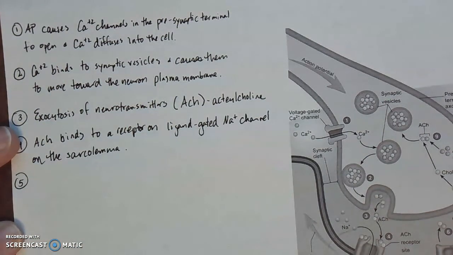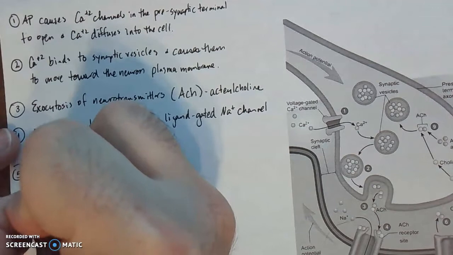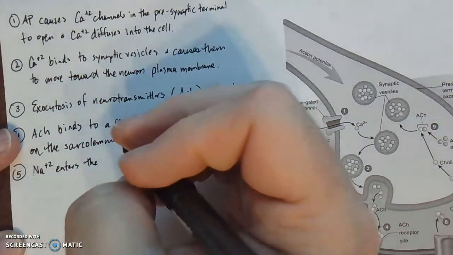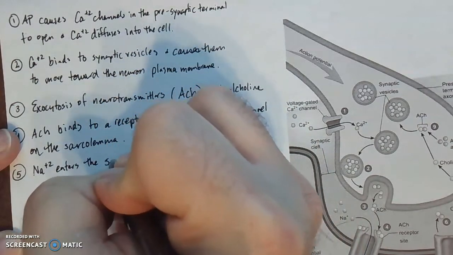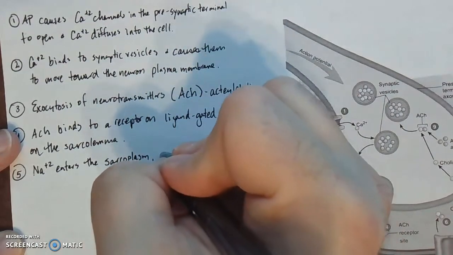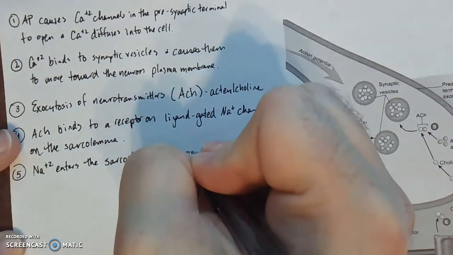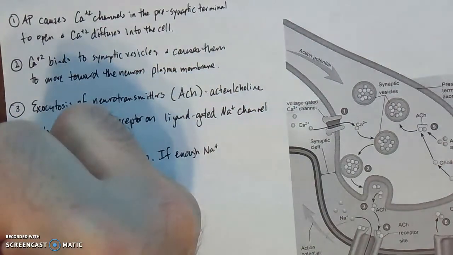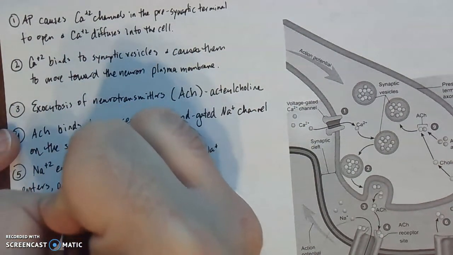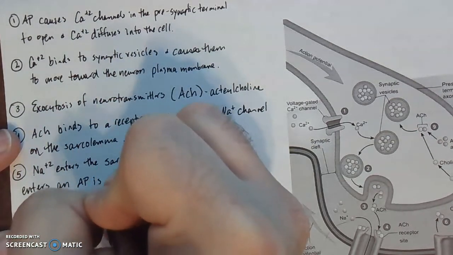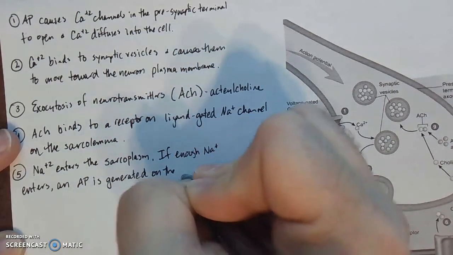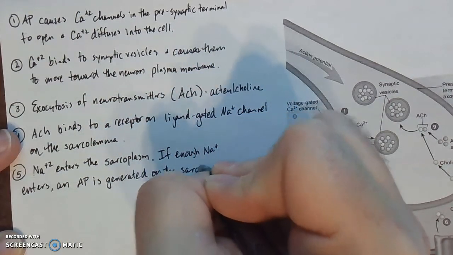So the sodium enters the sarcoplasm. If enough Na+ enters, an action potential is generated on the sarcolemma.